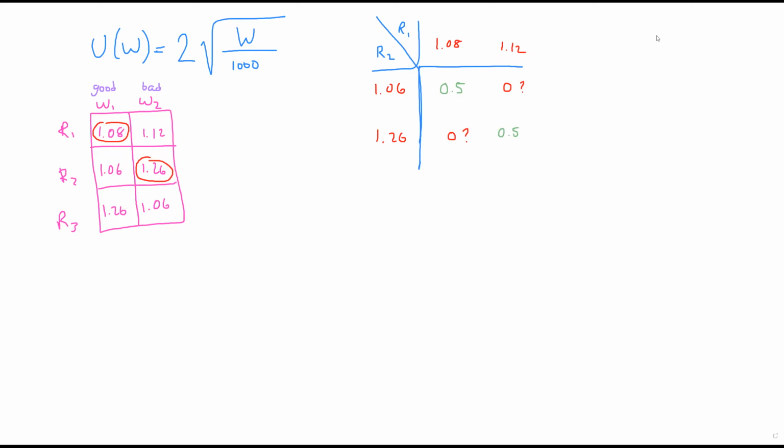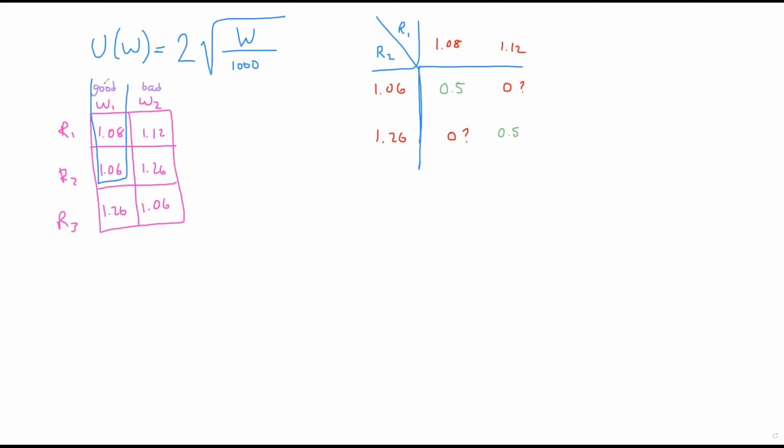The economy is either in a good state, in which case R1 and R2 are these small 1.08, 1.06 values, or the economy is in a bad state, in which case R1 and R2 are the 1.12 and 1.26 values. It's not possible for R1 to be this value while simultaneously having R2 be this value, because it means you're in two possible states at once. You can't be in both the good economy and the bad economy state at the same time. You pick a state.